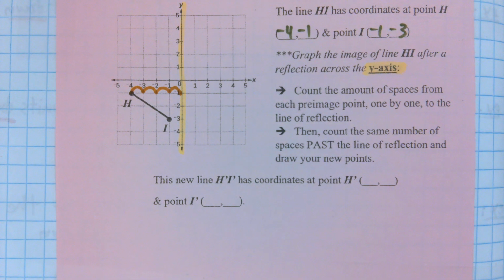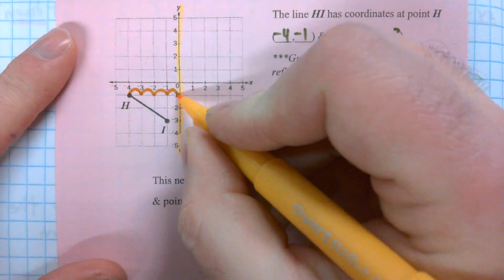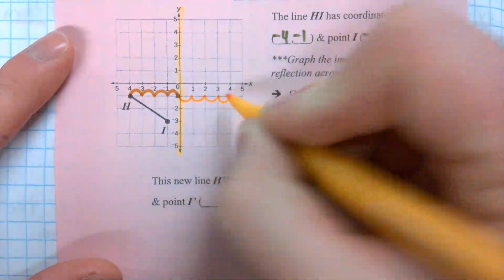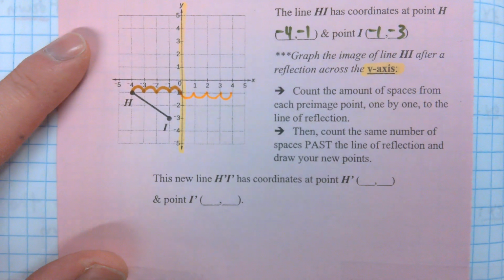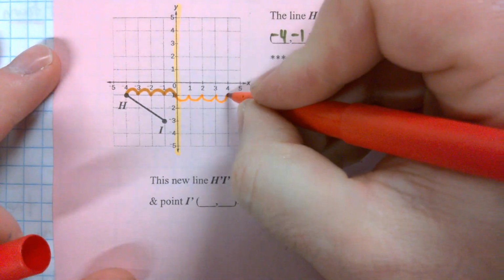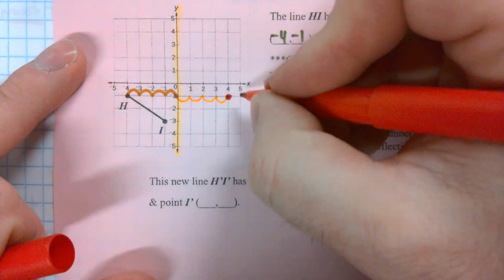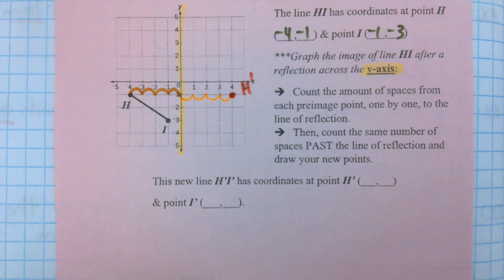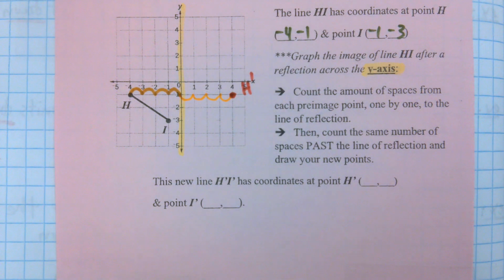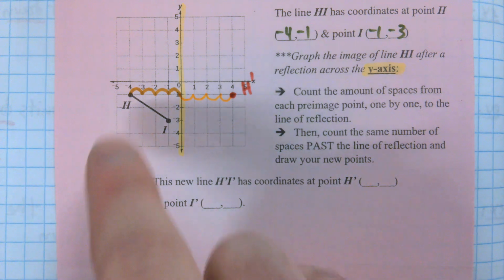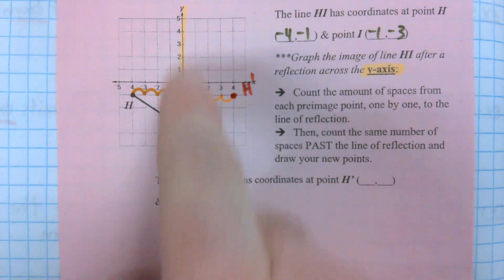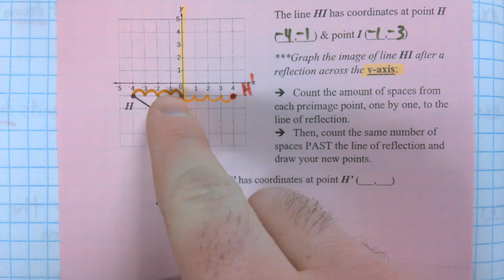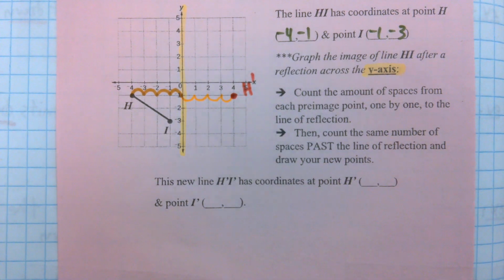How many spaces are we going to continue to count in the right direction? 4. 1, 2, 3, 4. There's my new point H prime. We went 4 spaces towards the line of reflection, and then we went 4 spaces past the line of reflection.